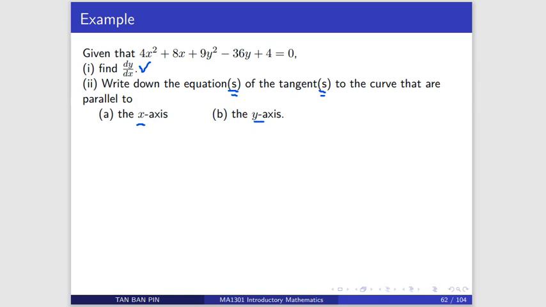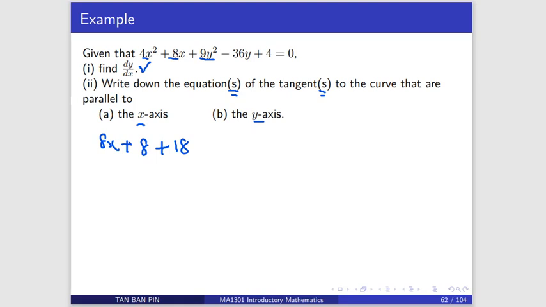Differentiate 4x squared, which will give you 8x. Differentiate 8x, which will give you 8. Differentiate 9y squared, which will give you 18y dy/dx.